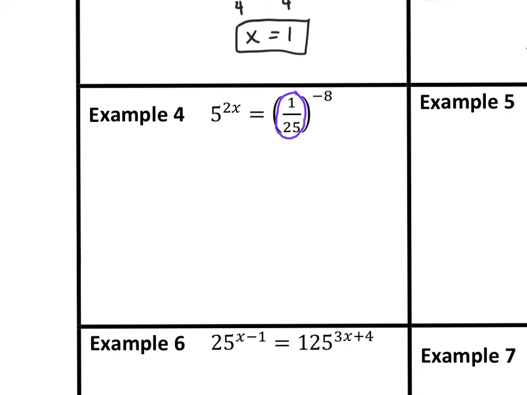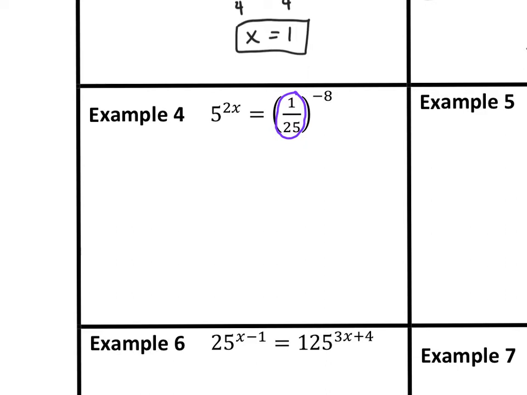And the reason I know I'm looking for a base of 5 is because the left side has a base of 5.